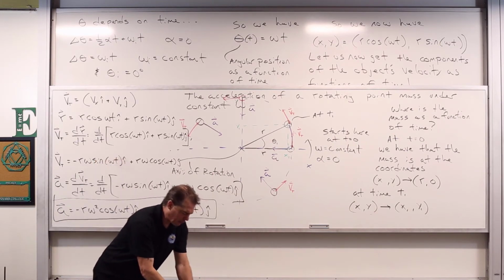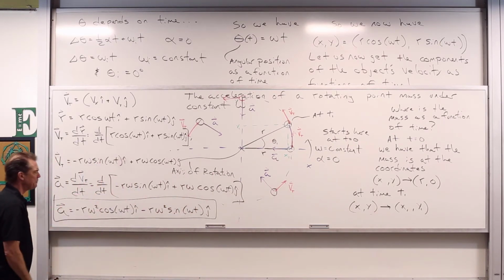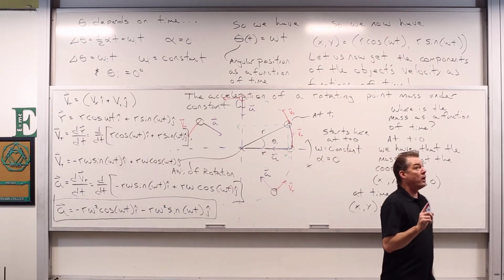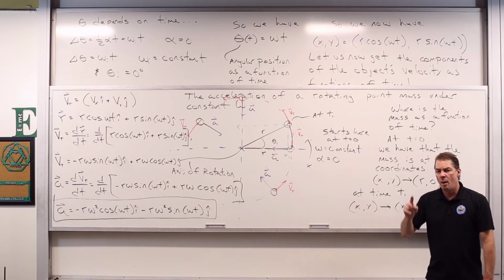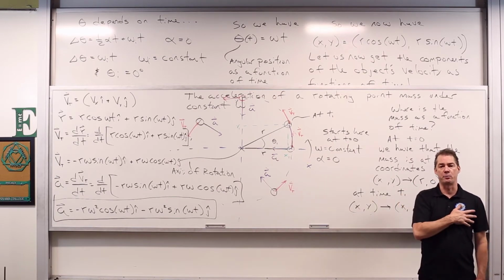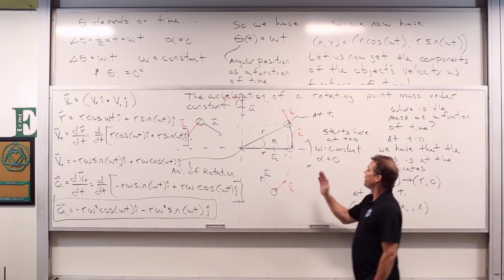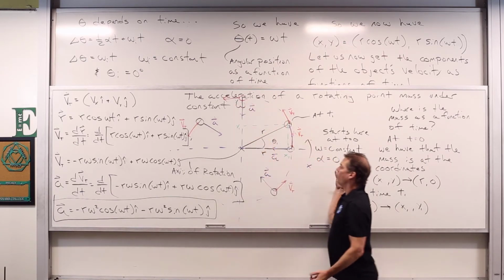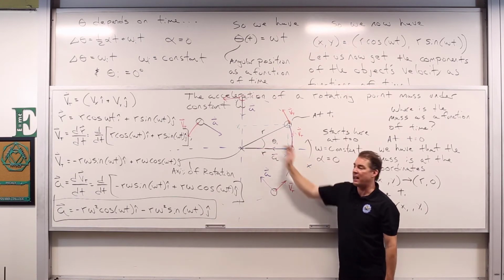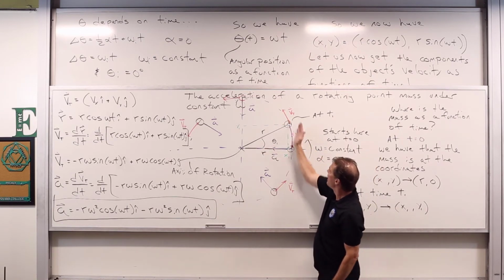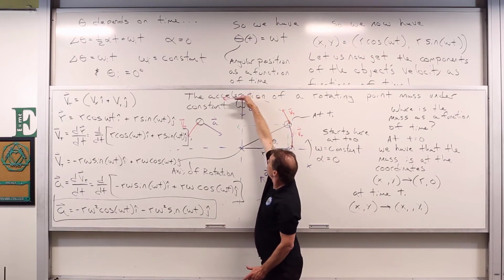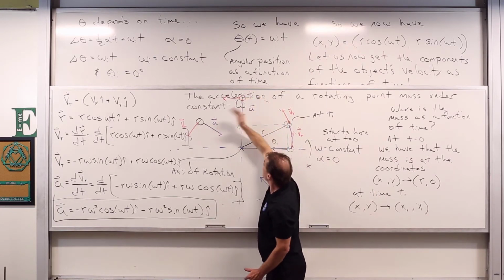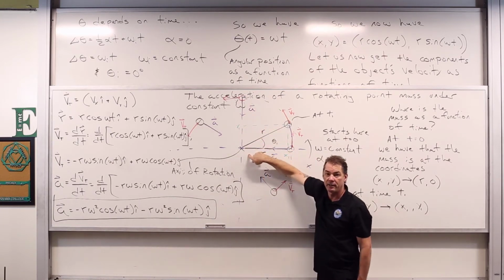So, how do we explain this? Come to terms with it. Again, this acceleration is responsible not for changing the speed of the object, but for changing the direction that the object is moving in. Initially this object's moving up, but it has to start moving that way. What does that mean? There's an acceleration inward that's pulling it in that direction. And as it continues to change the direction it's moving in, this acceleration has to continue to change its velocity towards the center.